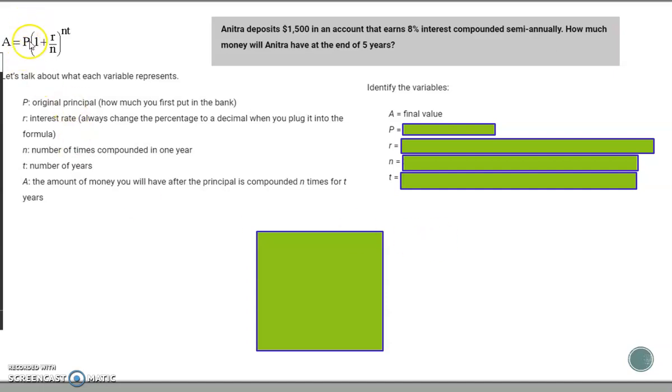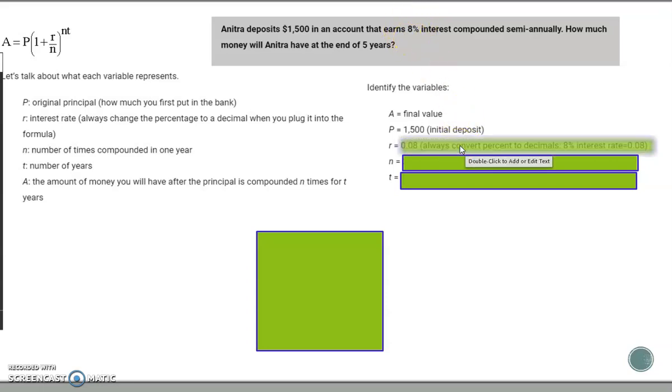Our P value is how much money we are starting with. Well, it says she deposited $1,500 initially, so that is our P value. R is our interest rate, and we see here it says 8%. But you need to note here that you always have to convert your percent to a decimal.